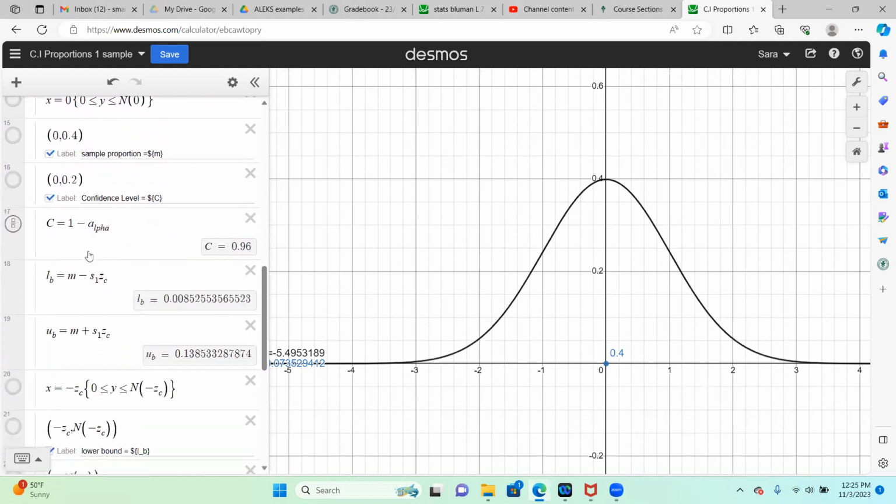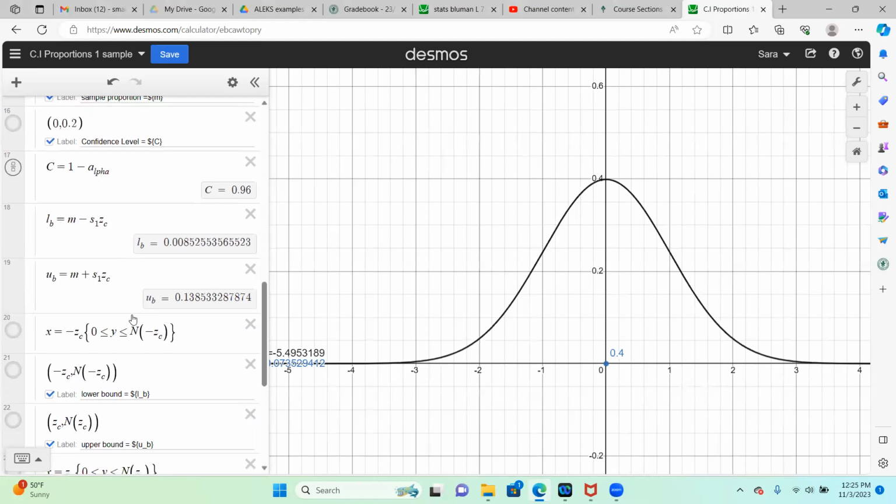And so my lower and upper boundary are right here. Which is my lower boundary is 0.0085 and my upper is 0.1385.